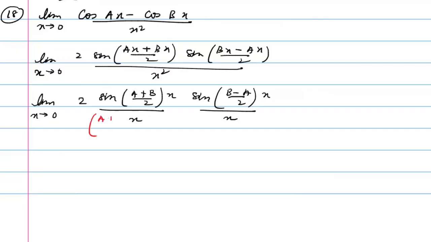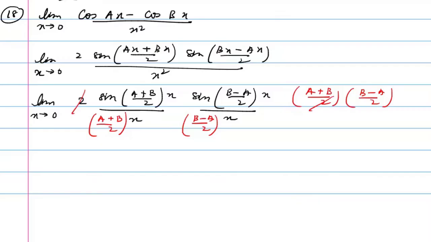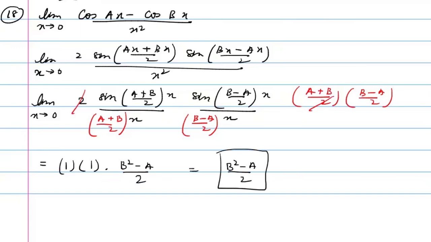So we have a plus b upon 2, and then you do this, and here you have b minus a upon 2, and that. So this 2 is getting cancelled here. So taking the limit, you will get 1 into 1, and here you will have b square minus a upon 2. The answer is b square minus a upon 2.